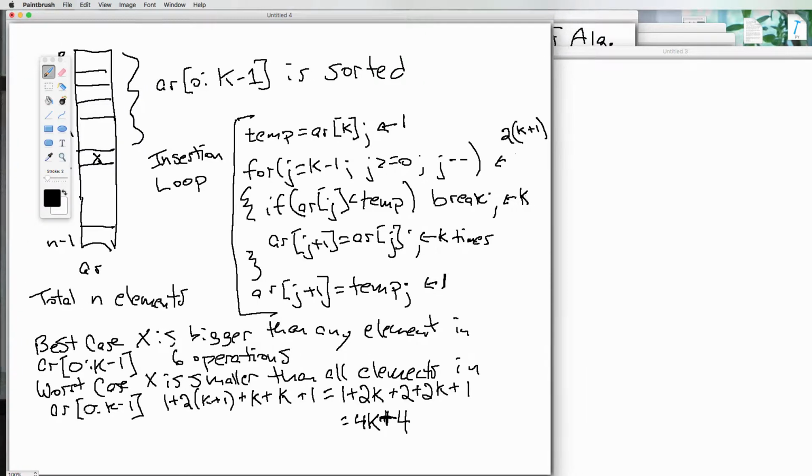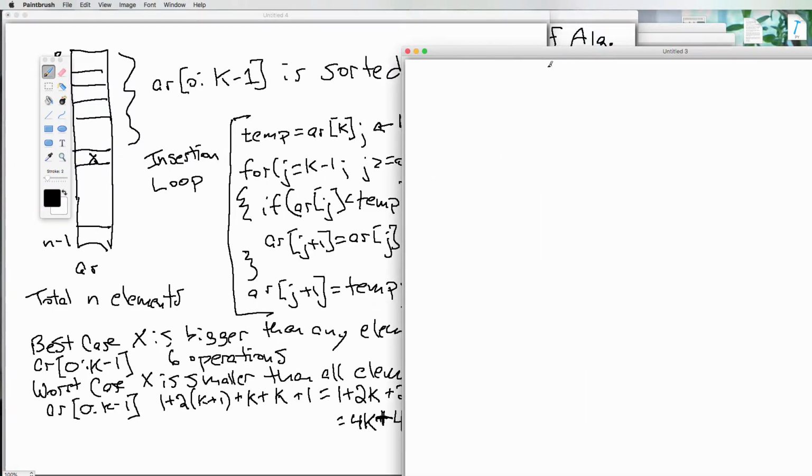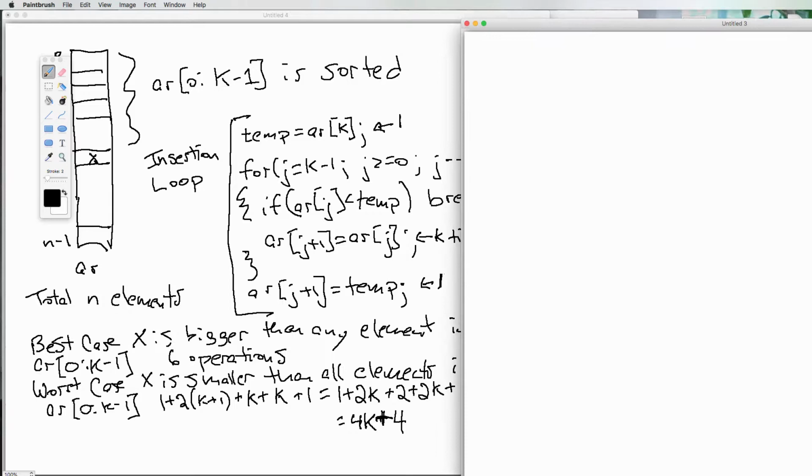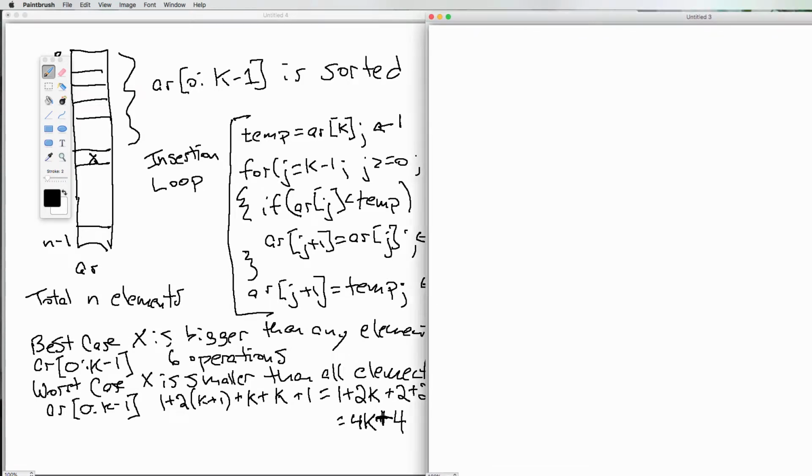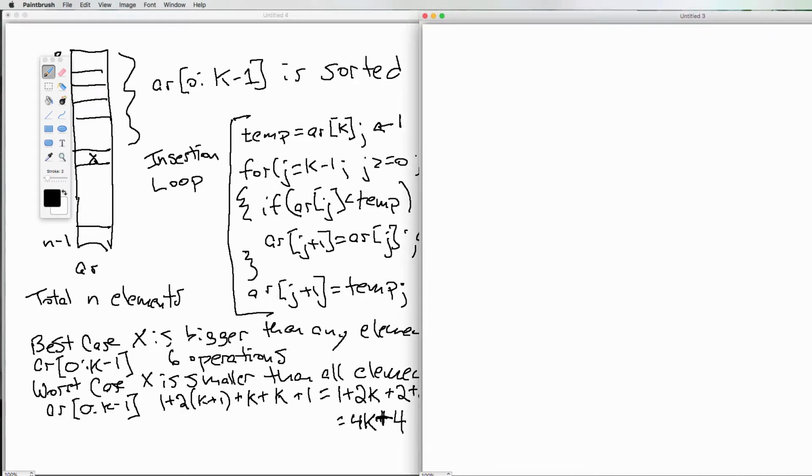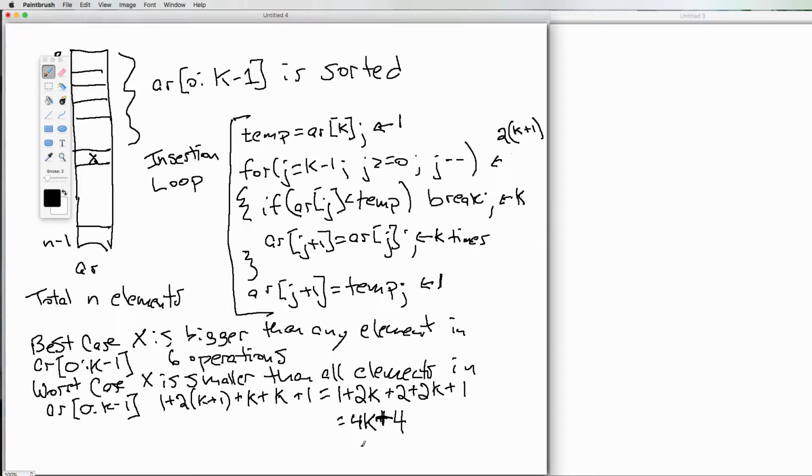Okay, so let's consider a little bit of what we just discussed here. We said that this insertion algorithm, this insertion loop, in the worst case scenario, if I'm at position k in the array and I want to insert that into the subarray, in the worst case, it's going to take 4k plus 4 operations. Now, one could make a couple of arguments about why this is inaccurate.